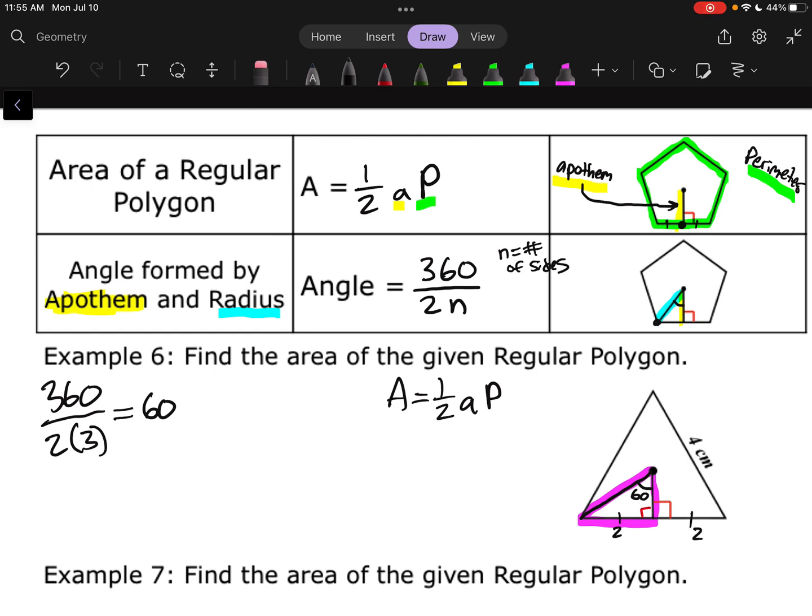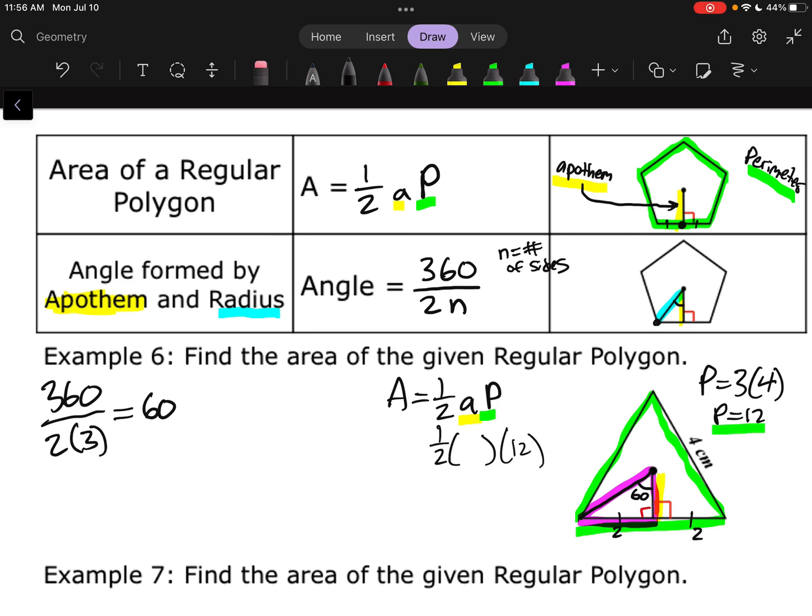So how does that help us? Like we mentioned, the perimeter we could have already found. This is just 3 times 4, so our perimeter is 12. If we wanted to do 1/2 AP, we don't know what the apothem is, but we do know that the perimeter is 12. So really what we're missing is just the apothem.